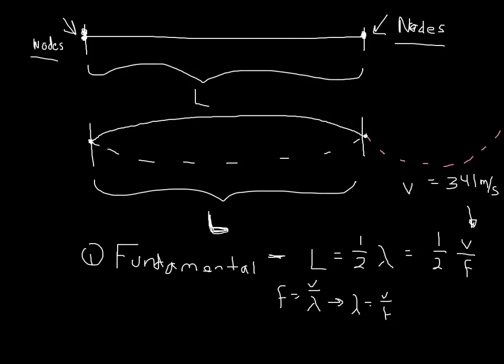So what does the second mode look like? So the second harmonic, or the very first mode after the fundamental mode, I still need nodes at my endpoints. If I want to set up a wave, I can go up, I can come back down.